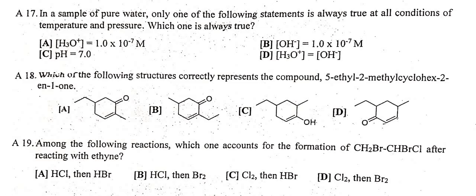Here they've given us, in a sample of pure water, only one of the following statements is always true, true at all conditions. If you pick A, you could also pick this and this.